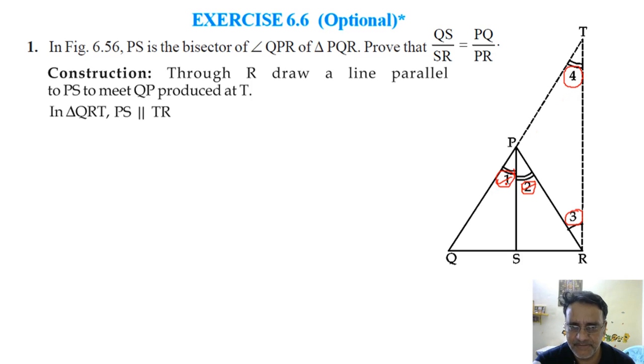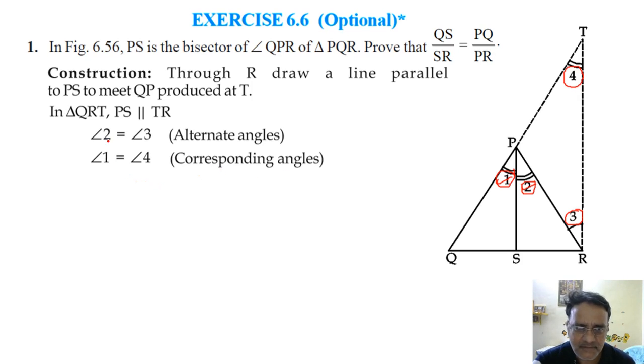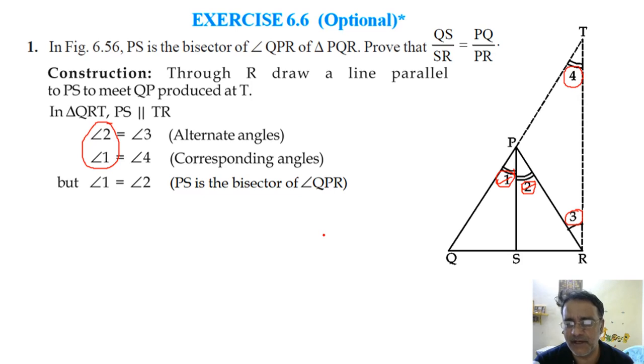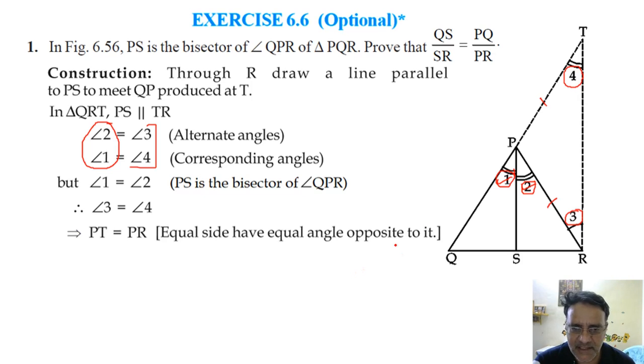Angle 2 is equals to angle 3, alternate interior angles, and angle 1 is equals to angle 4, corresponding angles. But angle 1 is equals to angle 2, because PS is the bisector of angle QPR. So therefore angle 3 and angle 4 are also equal. Now if these two are equal, PT is equals to PR. Why? Sides opposite to equal angles are equal.